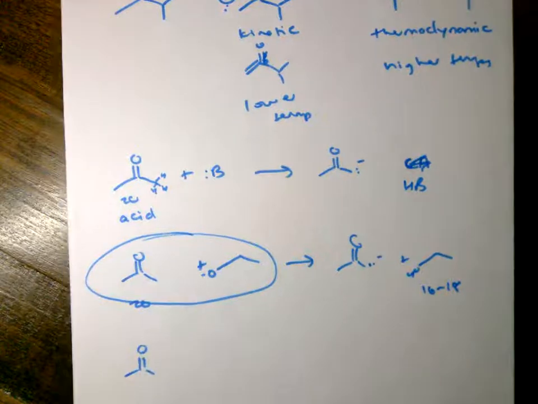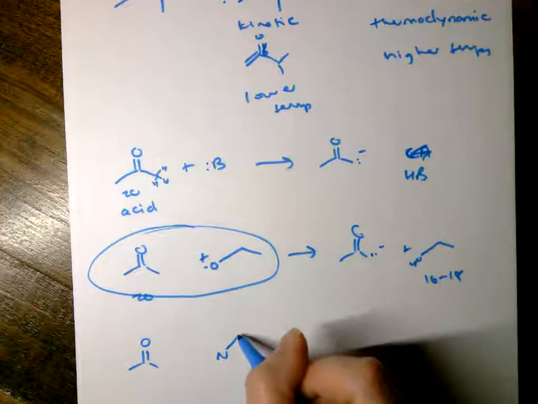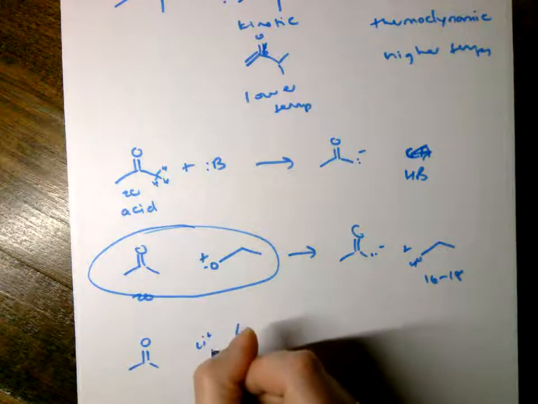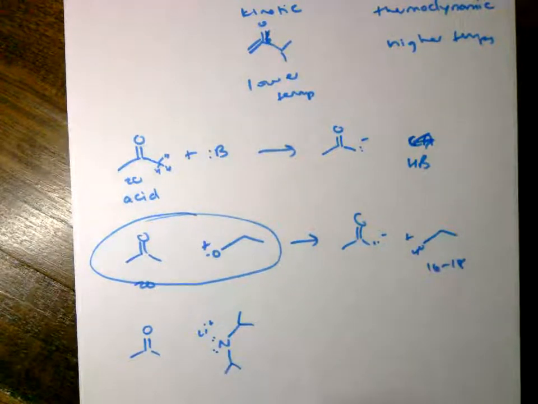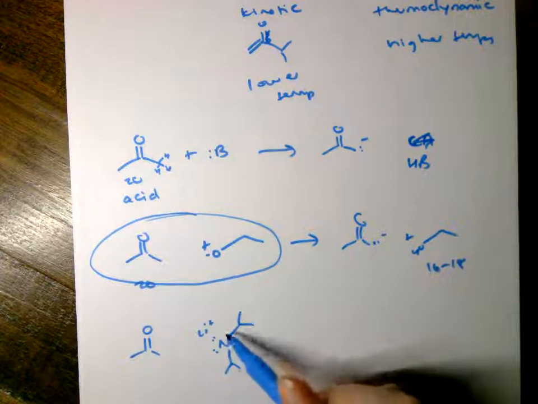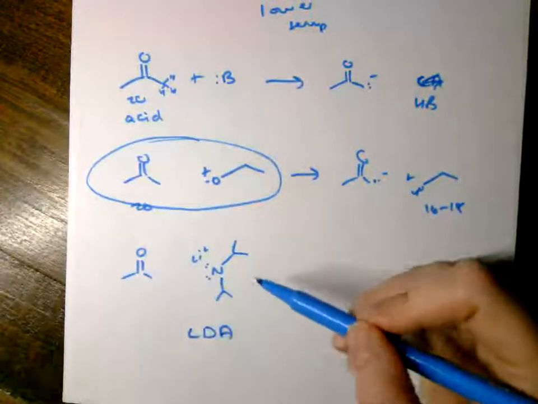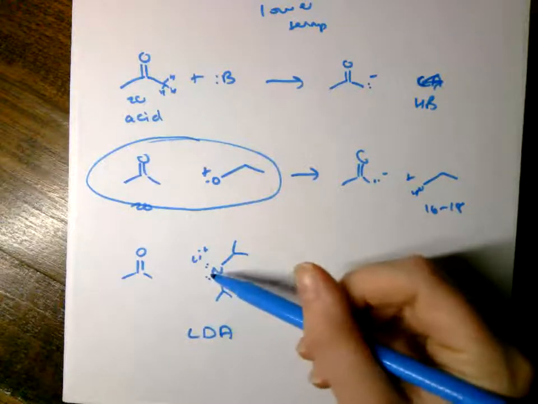But another option that we have is LDA, which is used a lot. That's lithium, so it's Li+, but the amine has 2 negative charges. So lithium diisopropyl amine, that's where LDA comes from. The L is for the lithium. The D is for diisopropyl, so these two isopropyl groups, and then A is amine right there.